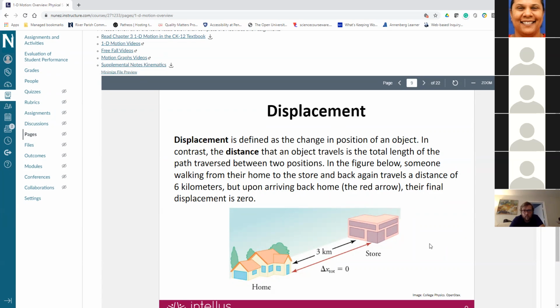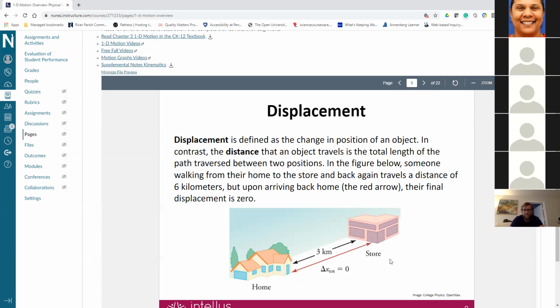But to clarify the difference between distance and displacement, if the person went from home to the store and then back home, they would have traveled a distance of 6 kilometers. But their displacement would be 0. Why? Because displacement looks at how the object changes its position relative to where it started.